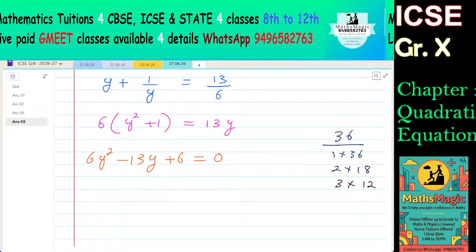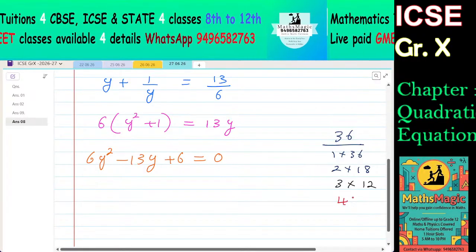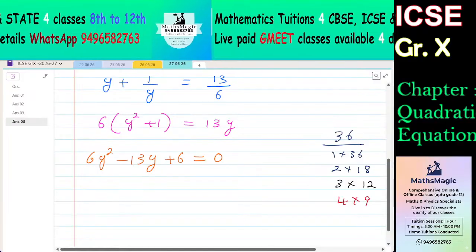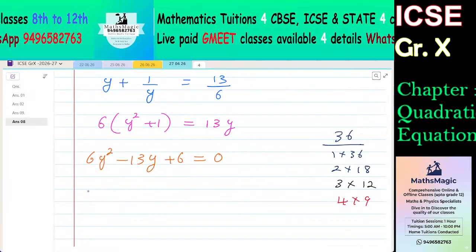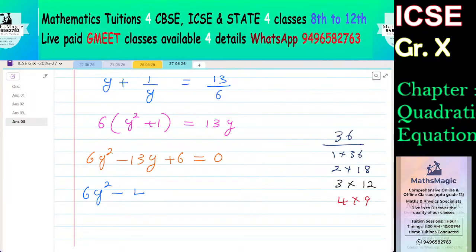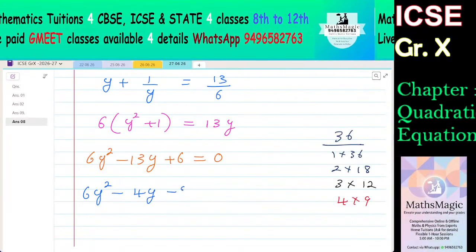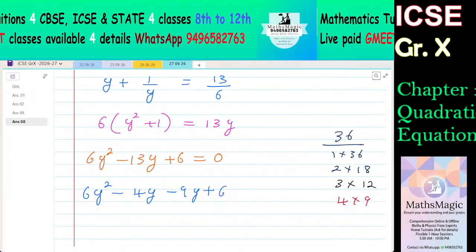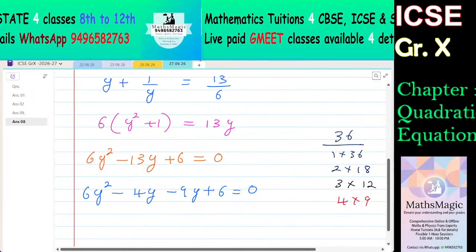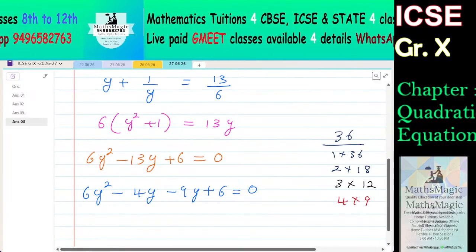Now move on to the next step. Yes, 4 times 9. 4 plus 9 is 13. Yeah, good. 6y squared minus 4y minus 9y plus 6 equals 0. Try to group it and find the value of y.